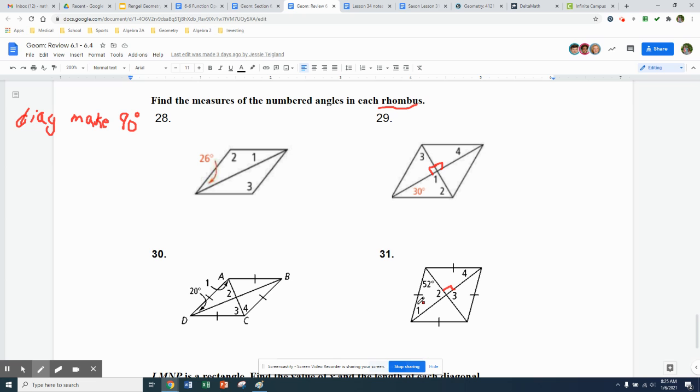The next thing about a rhombus is the opposite angles are congruent. So those two angles are congruent to those two angles. So all four of these angles are going to be congruent, and then all four of these angles are going to be congruent. The theorem says those opposite angles are bisected, which is going to make two sets of four angles that are all congruent.